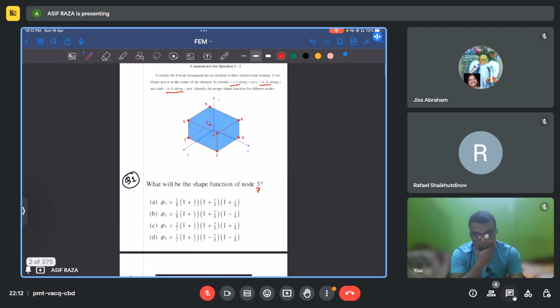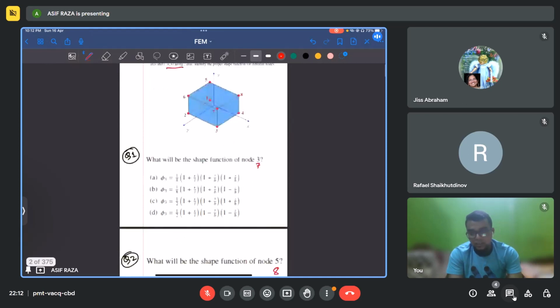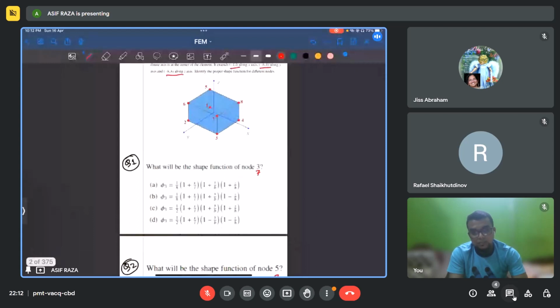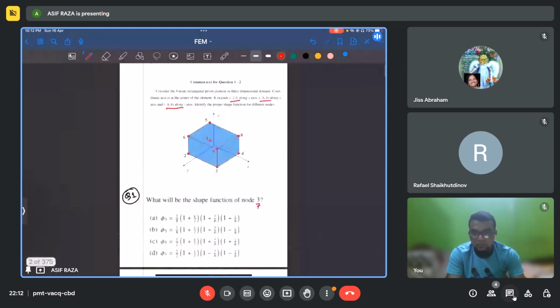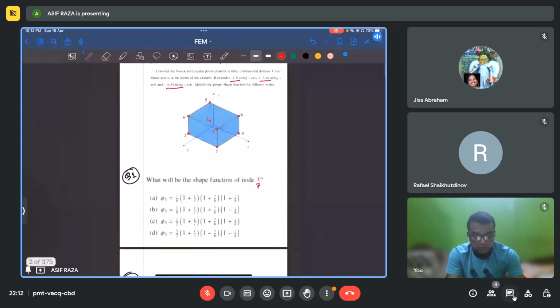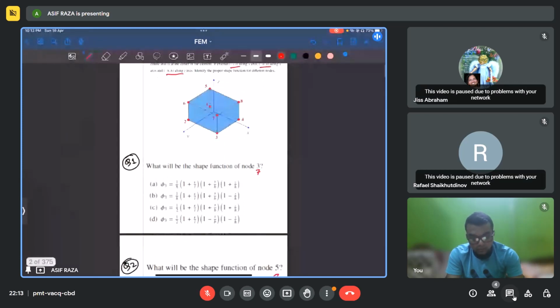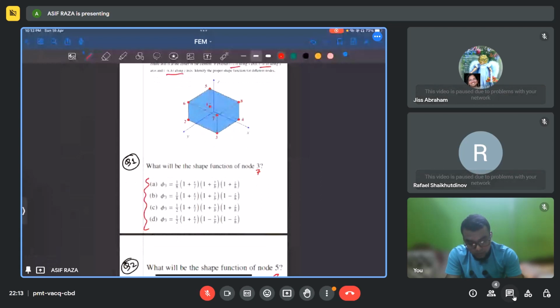The first question is, what will be the shape function of node 3? That question is already there in assignment number 12, so instead I'll ask what will be the shape function of node 7. Out of these four options, what do you think? What will be my shape function for node 7?